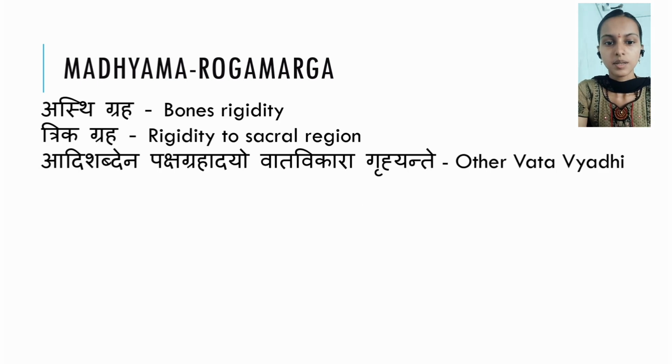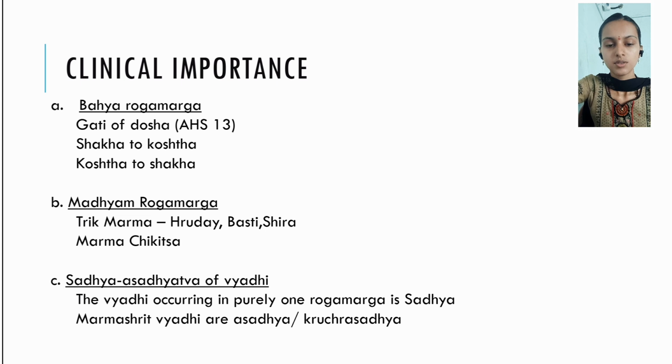Coming to its clinical application, first of all, the Gati of dosha can be either from the Shakha to the Koshtha or Koshtha to the Shakha. Koshtha means the trunk region, and Shakha means your limbs. The doshas which have their places originally in the Shakha can travel to the Koshtha and vice versa.